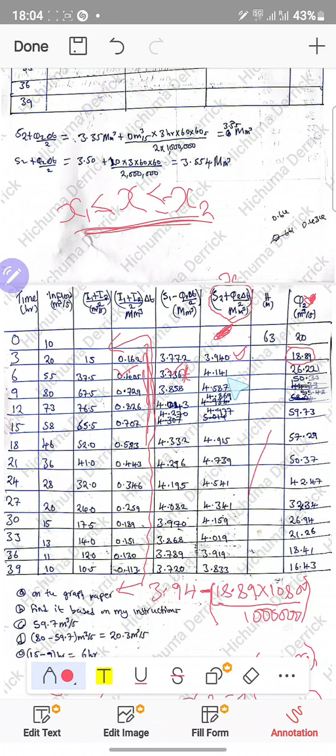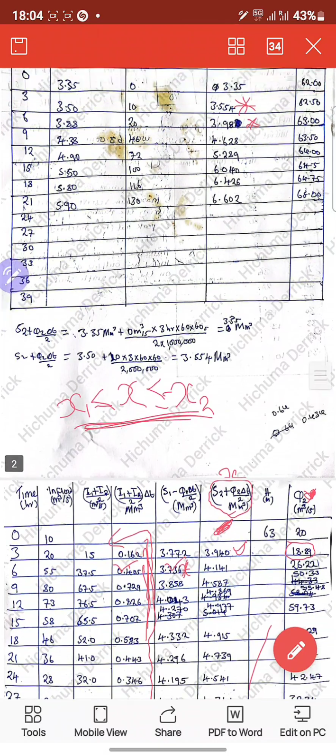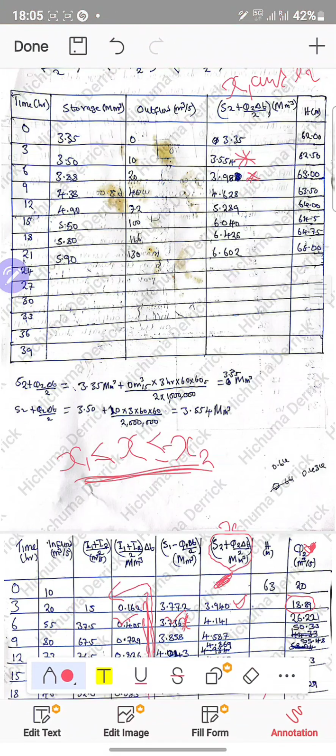Then 4.141, again in linear interpolation, you look for two sets of numbers which satisfy this, the numbers where this 4.14 is in between. So you come here, you realize that 4.1 is in between these two numbers. This 3.9 is less than 4.1, but 4.1 is less than 4.6, so it is in between here.